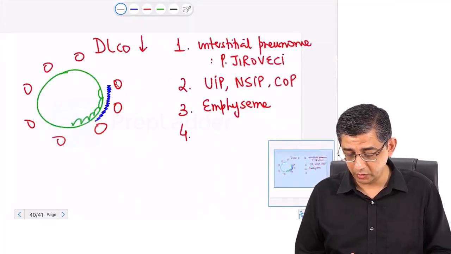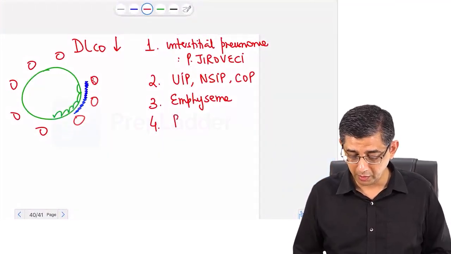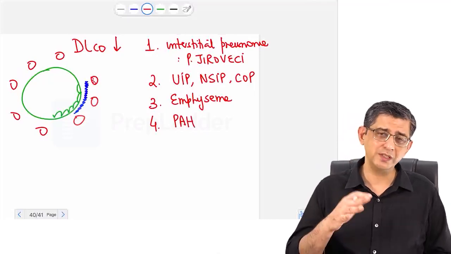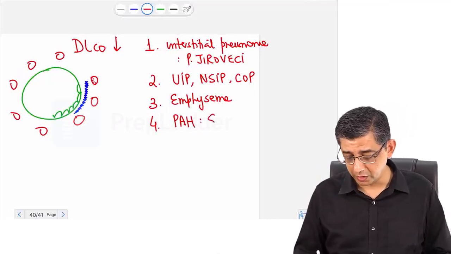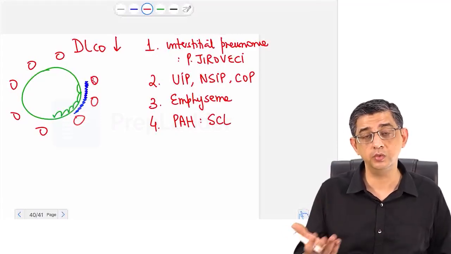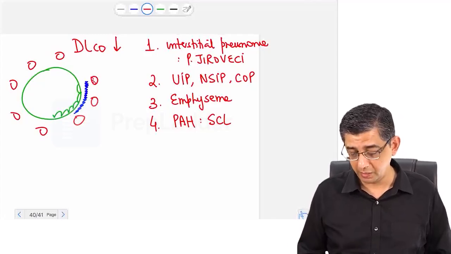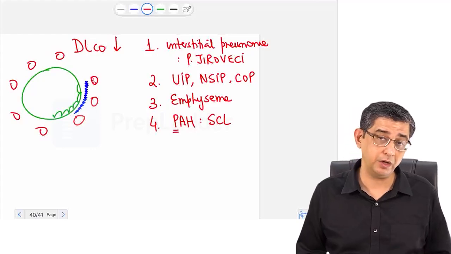So an entry that you need to now make here for reduction of DLCO is pulmonary artery hypertension. That is on the examiner, whether he wants to write scleroderma for this one, he writes Eisenmenger syndrome for this, or high altitude exposure in an individual. It could be primary pulmonary artery hypertension.